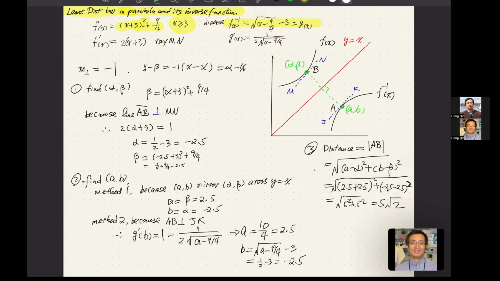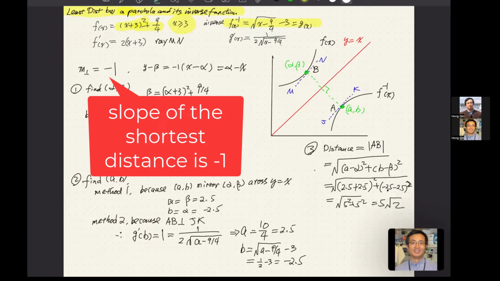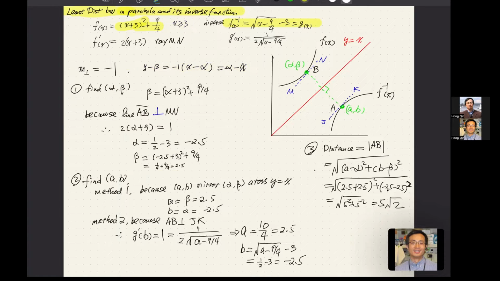Now we can find this line, let's call it line AB, with the points A and B. That line has a slope of -1, and we're going to assume there's a point on f(x).